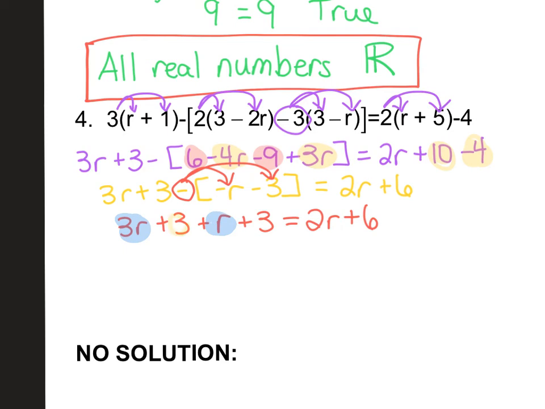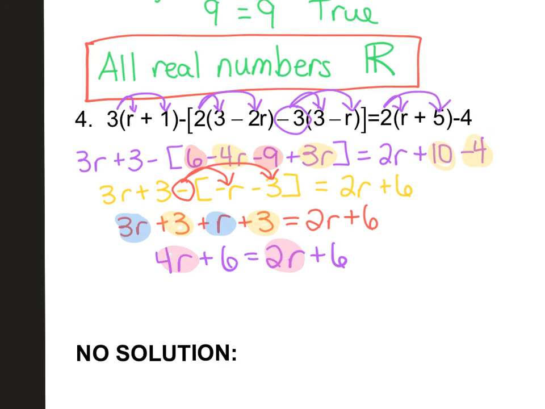And that is to combine like terms on the left-hand side. So I've got 3r and r makes 4r. 3 plus 3 makes 6. I can finally go ahead and move my variables to the same side now.